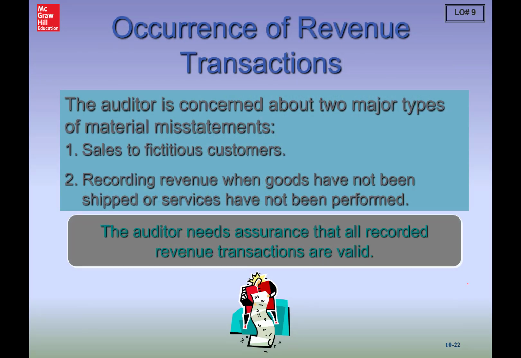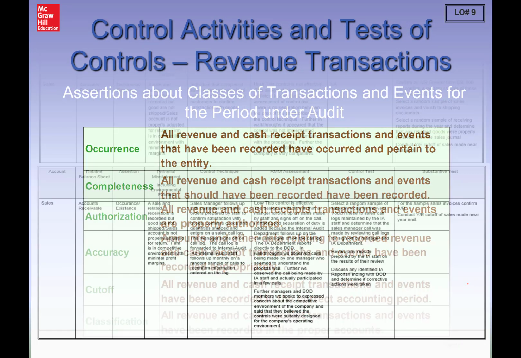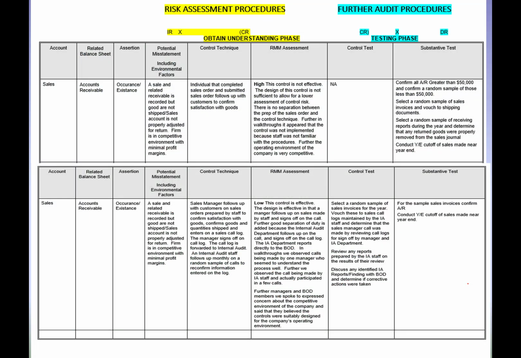So when we're dealing with occurrence, we're worried about fictitious customers, recording revenue when goods have not been shipped. Okay, so these are the misstatements. What assertion? Remember, we're coming up with potential misstatement, is that what this slide is?